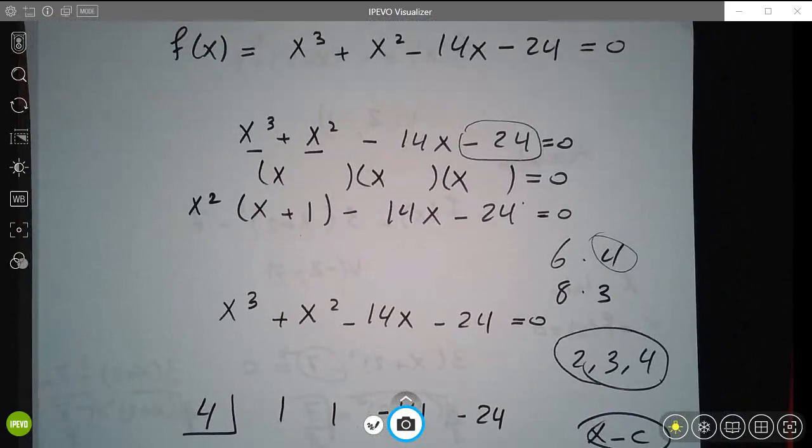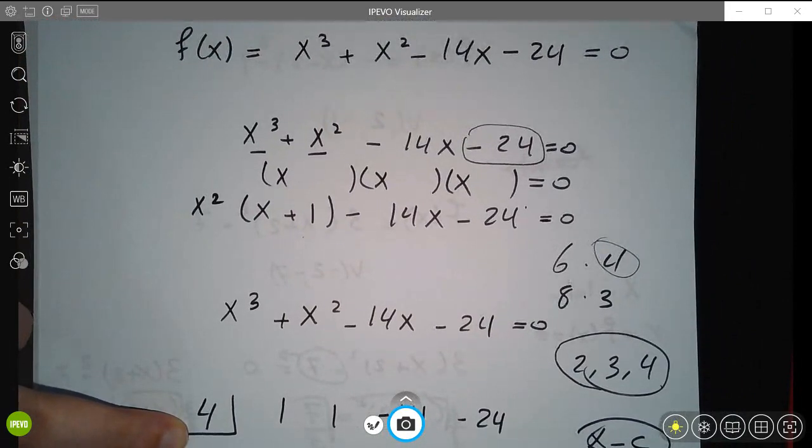How far do you want me to go? You can still see the synthetic division after this.